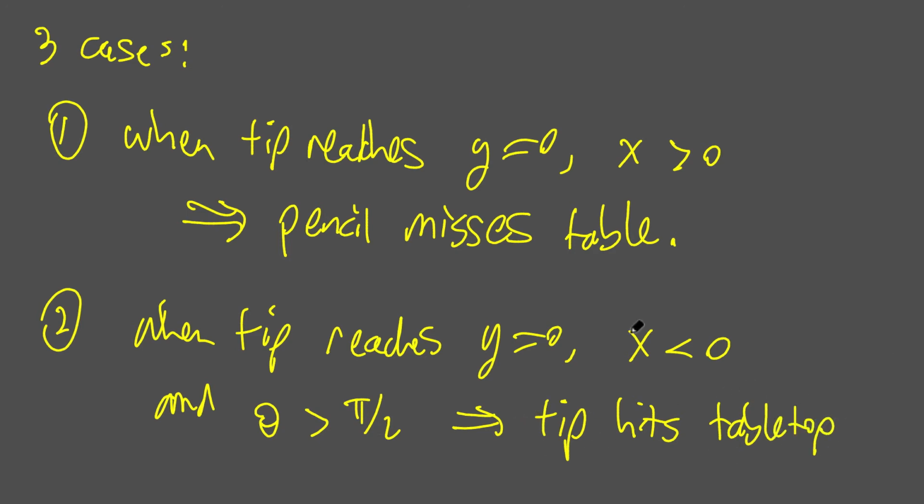Let me draw a picture. Actually, let me draw a picture of this case number 1 first. In this case, here's the table. And the pencil, when the tip reaches y equals 0, so there's the tip of the pencil, the x component of the tip is greater than 0. So that means the pencil has missed the table.